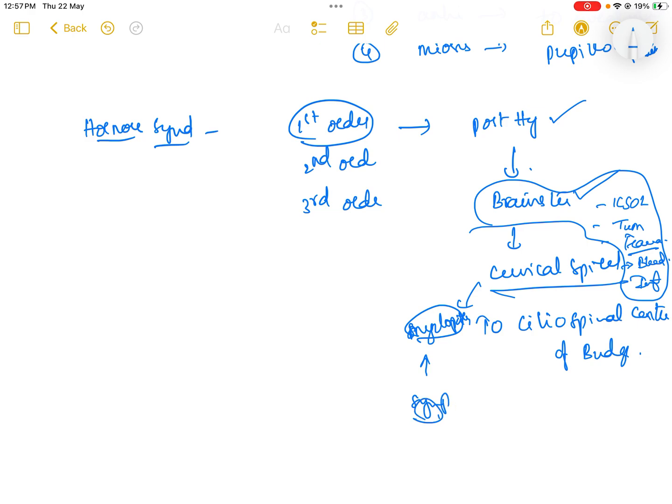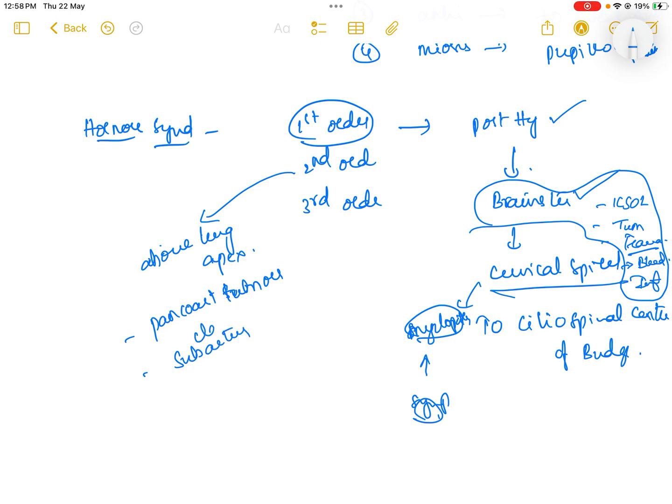So second order neurons. From the first order neurons, these fibers go above the lung apex. So above lung apex, any Pancoast tumors or subclavian artery dissections can cause Horner syndrome.